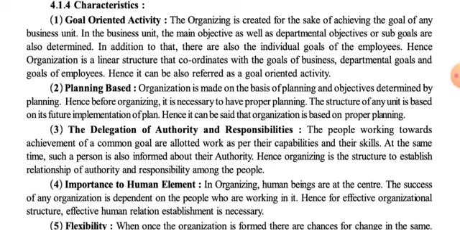It means according to the task allotted to them. So, organizing is a structure. It is a kind of format which establishes the relationship of authority and responsibility among the people who are working in the organization.